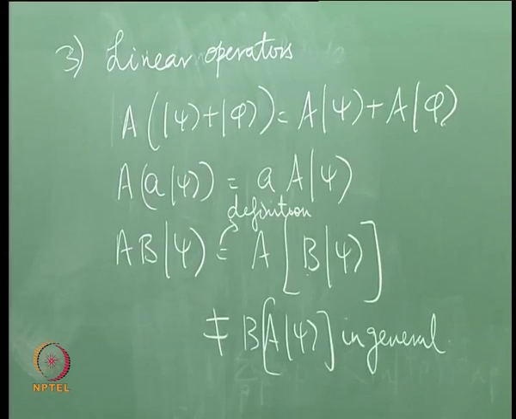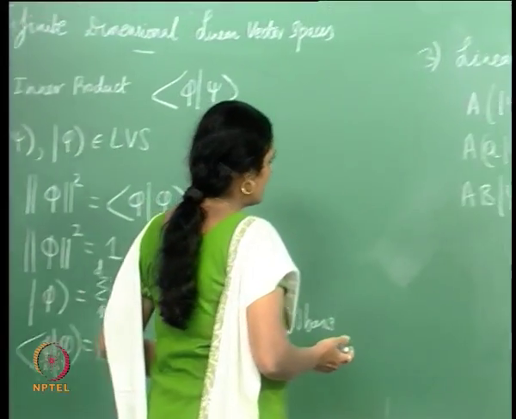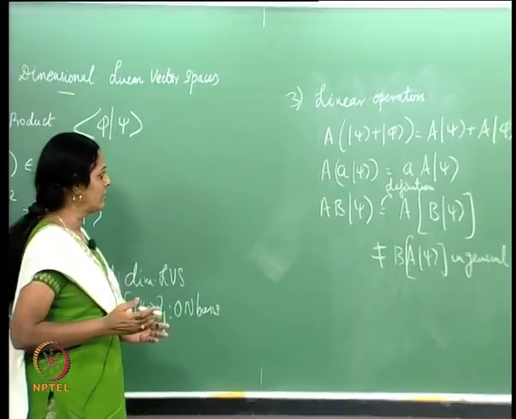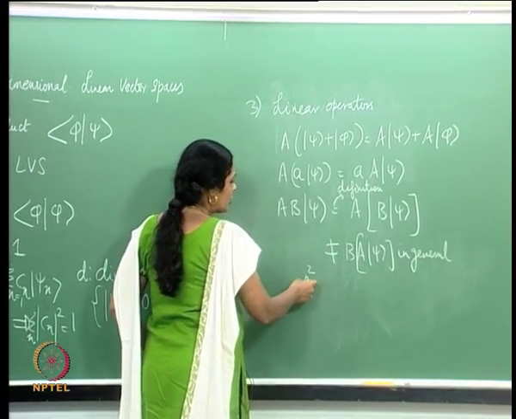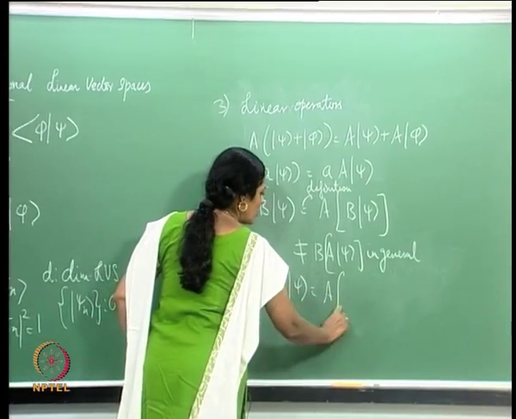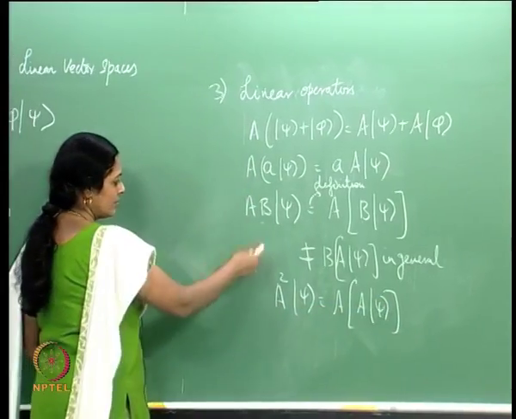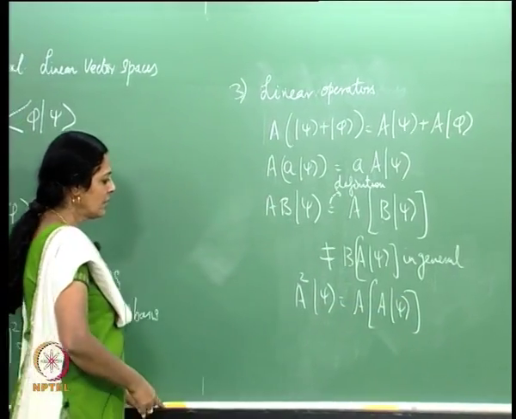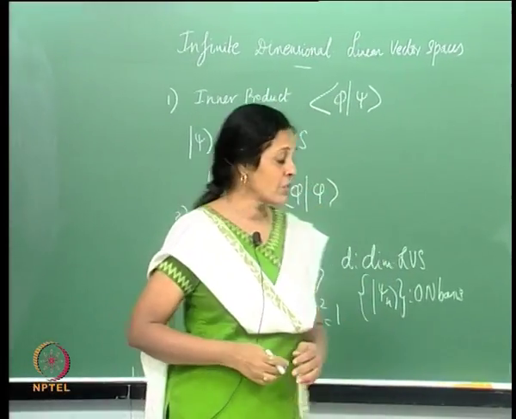All operators that we will deal with will be linear operators in quantum mechanics, even in infinite dimensional linear vector spaces. And while I can have functions of operators like this, A squared on psi and so on, that would be the same as A acting on A psi, following this. This is what is meant by operators act linearly on states of a system.